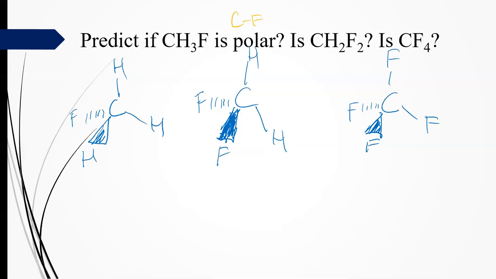So let's see the C-F bond. If we actually do the math, C is 2.5, F is 4.0. We have a difference there of 1.5. And so we should point from that carbon towards that fluorine.